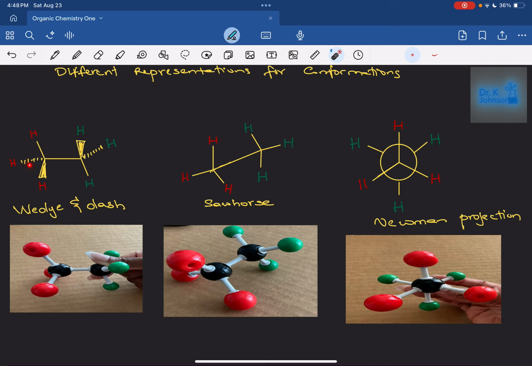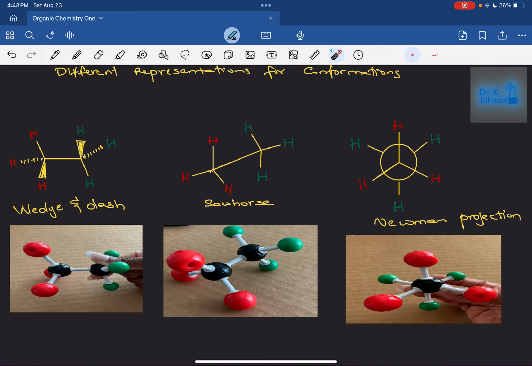Your dash lines, anything dashed, mean put that pen to the back of your device, laptop, iPad. That pen protruding from the back is what that dashed hydrogen looks like. The pen represents the bond, coming out of the back.